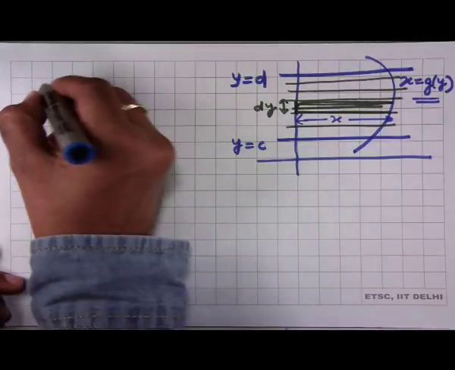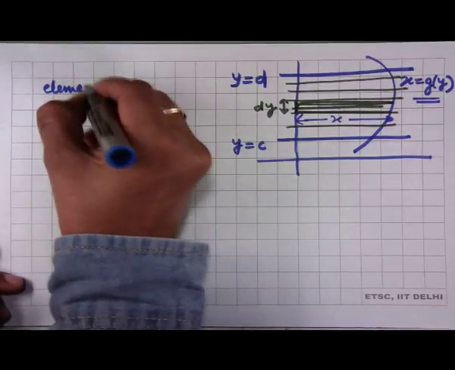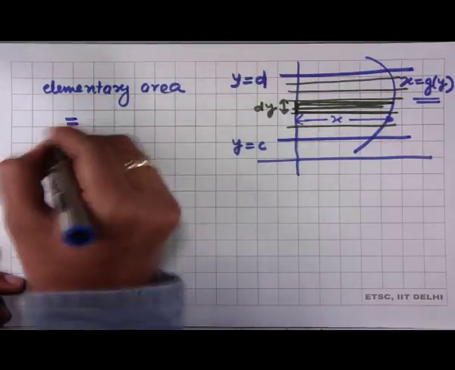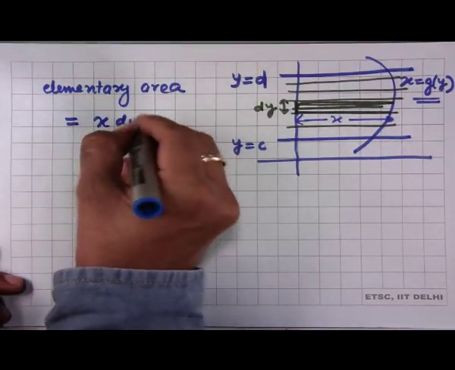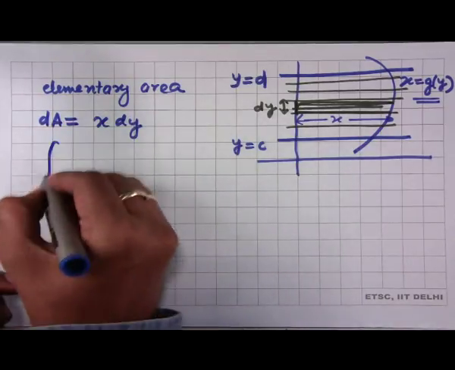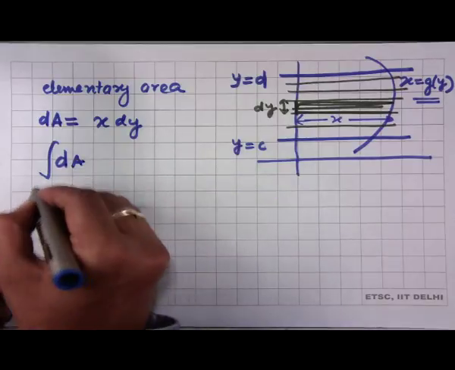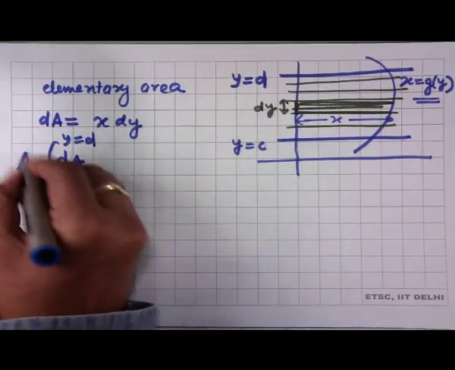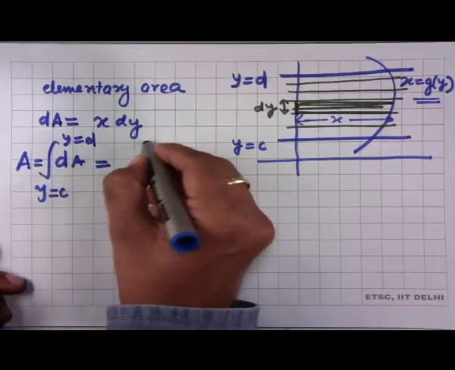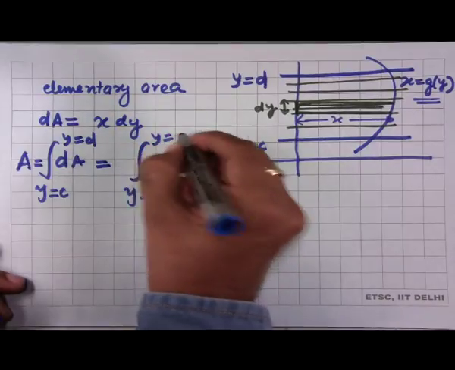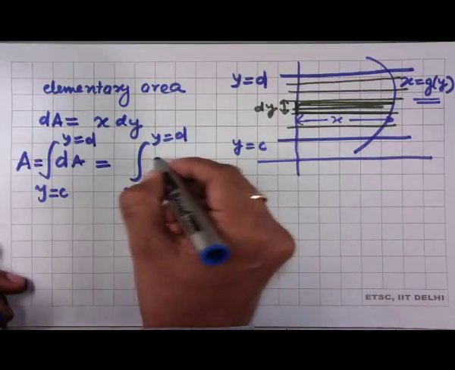So elementary area is x dy. Now if we integrate it from y equals to c to y equals to d, we get the required area. So the formula in this case will be integral from y equals to c to y equals to d of x dy.